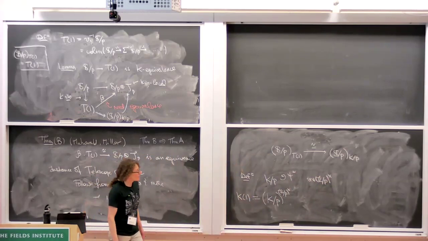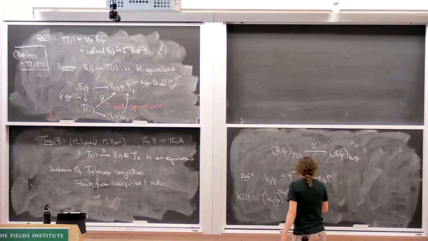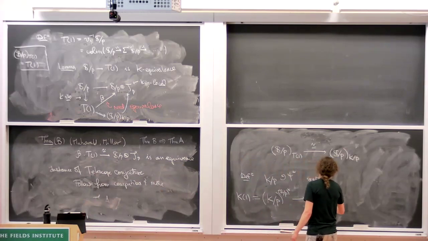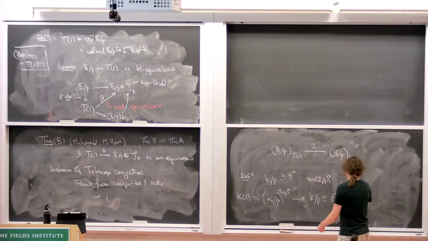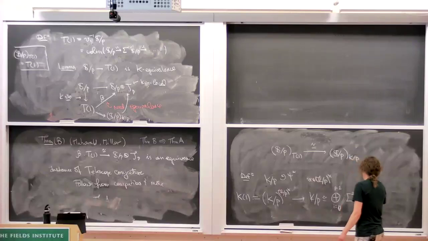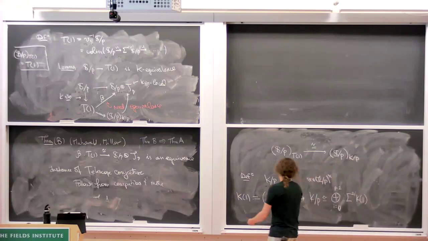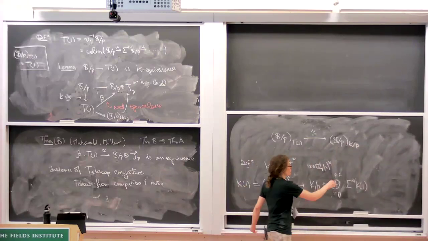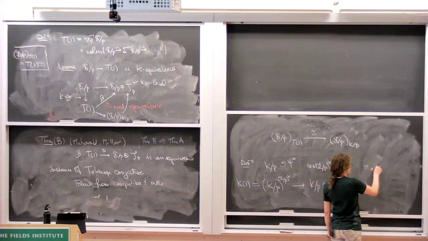It maps to K mod P. In fact, K mod P is just the sum of suspensions of this thing, i from 0 to P minus 2 of sigma^{2i} of this guy. Okay, now let's look at the homotopy to get a bit of intuition for this.